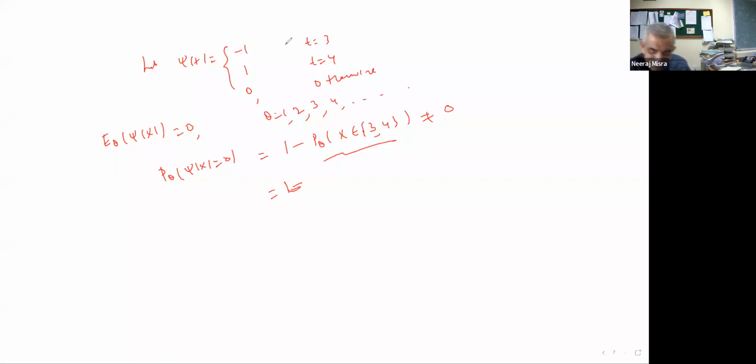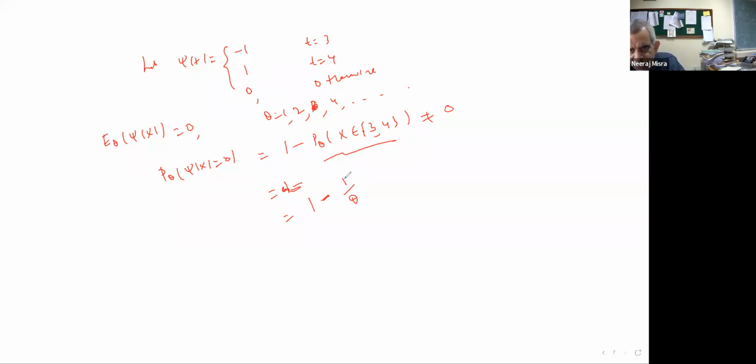And that is the reason why, and that helped us in constructing this function. And this function says that the expected value of psi x is 0 for theta equal to 1, 2, 4, and so on, there will not be a theta equal to 3 here. But what is the probability that psi x equal to 0? It is 1 minus the probability that x belongs to {3, 4}. And what would be that? Each of them would be 1 by theta, right?